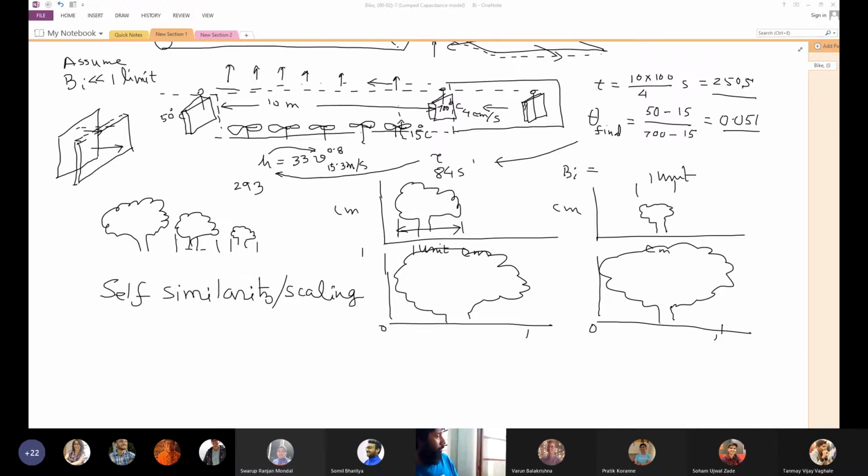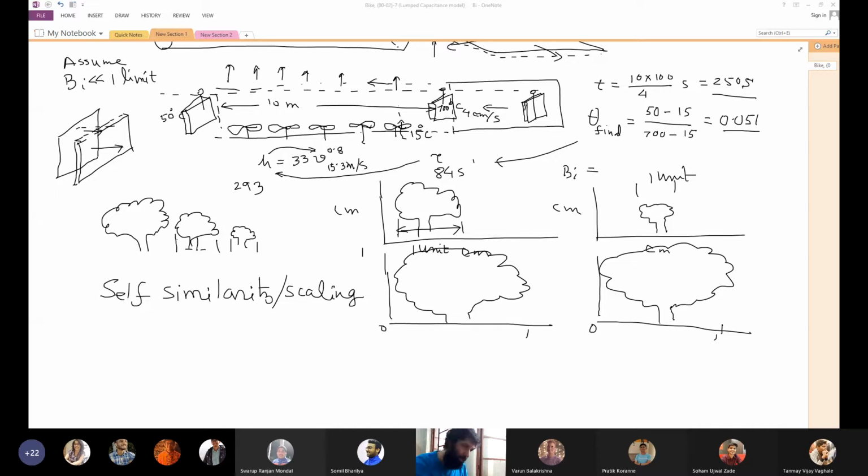This applies to things which look similar when scaled. Yes, okay. If you scale it, it should look exactly the same. Or yeah, you are correct that they should look similar.